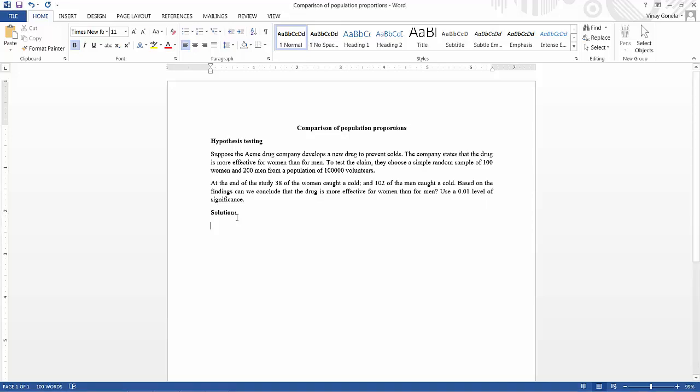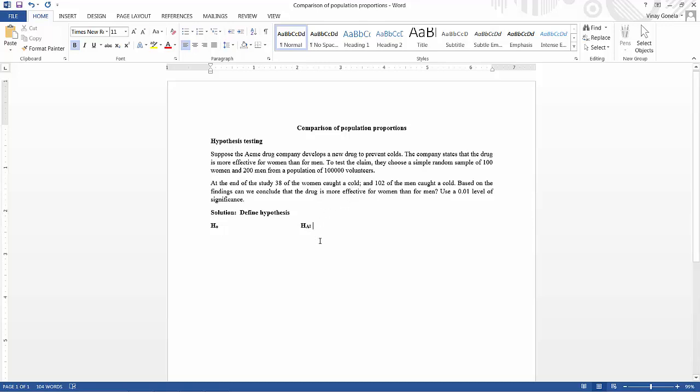To do hypothesis testing, the first step is to define our hypothesis. So we will have a null hypothesis, and then we will have an alternative.